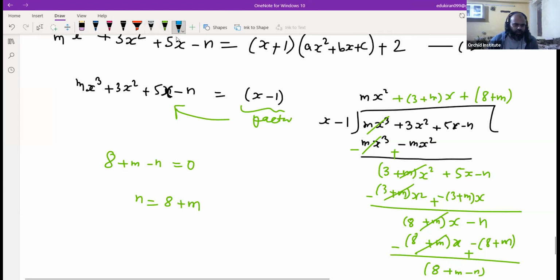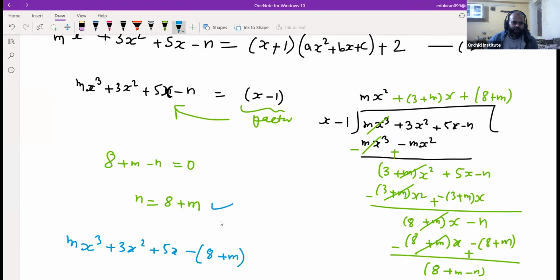So this dividend mx cube plus 3x square plus 5x minus n, we can write as mx cube plus 3x square plus 5x minus 8 plus m. So we have only m unknown. If we get m, n will be obtained by n is equal to 8 plus m.